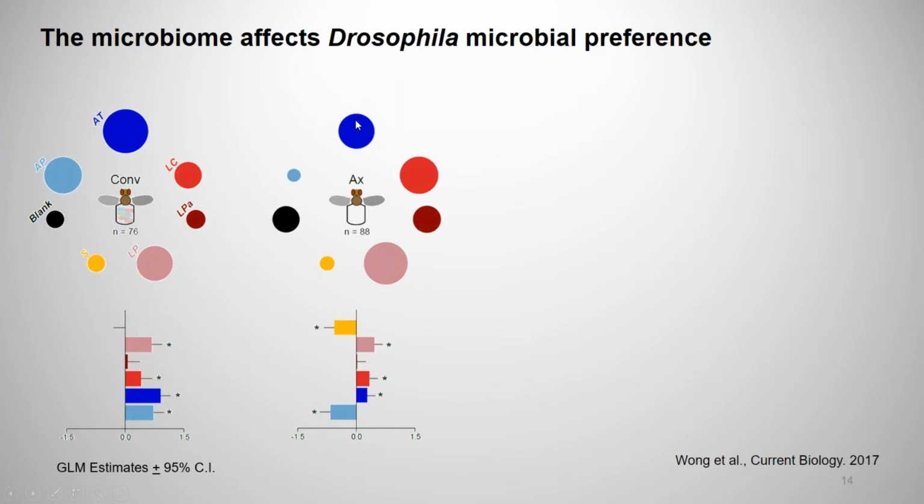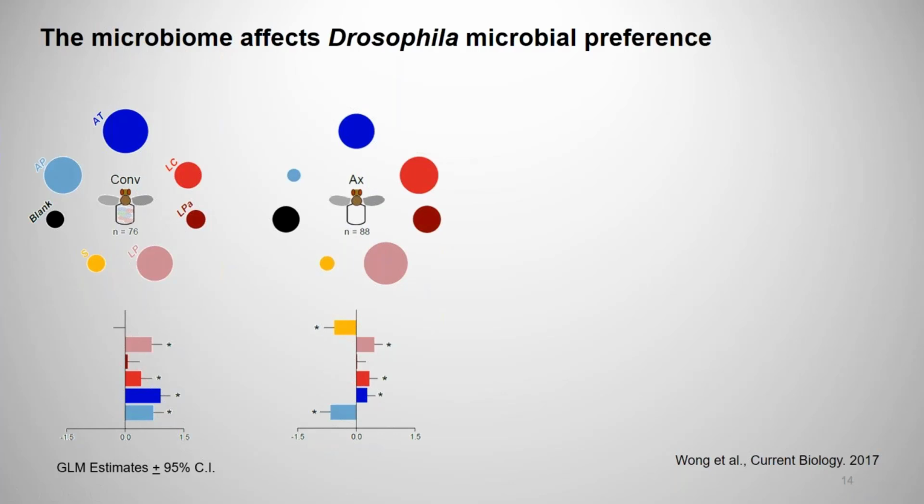And the attraction towards Acetobacter tropicalis also reduced. So what that suggests is that the microbiome, or the history of exposure, really plays a role in modulating the attraction towards Acetobacter. But interestingly, they still retain a very strong attraction towards Lactobacillus.